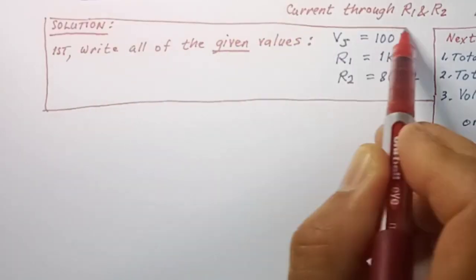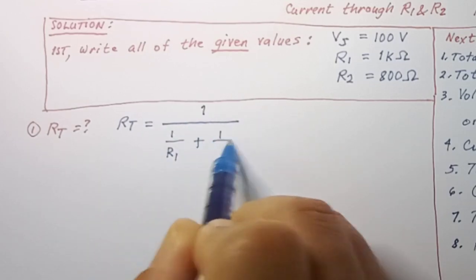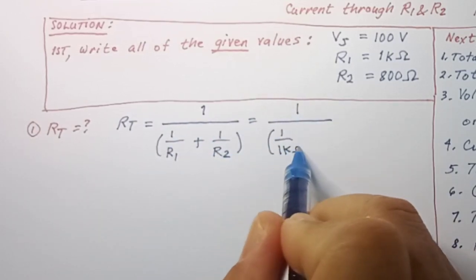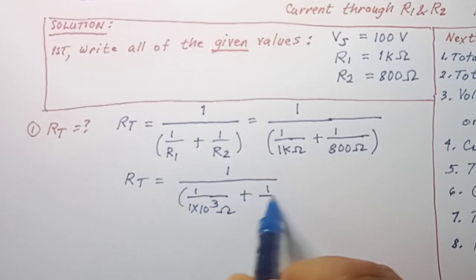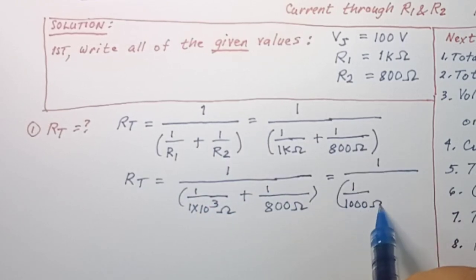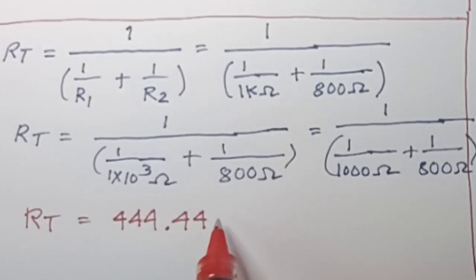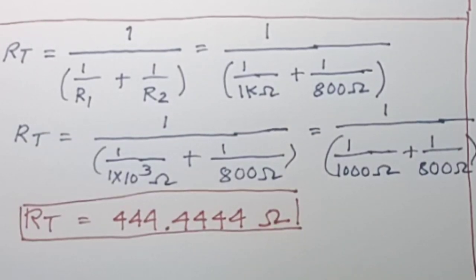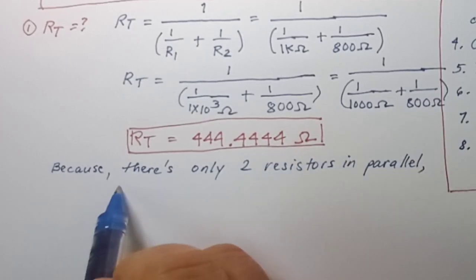Now, let's first calculate the R total. It will be using the formula 1 over R1 plus 1 over R2. And after substituting the values of the two resistors, we got an amount of 444.4444 ohms. But there's a shorter way to calculate the total R or RT.